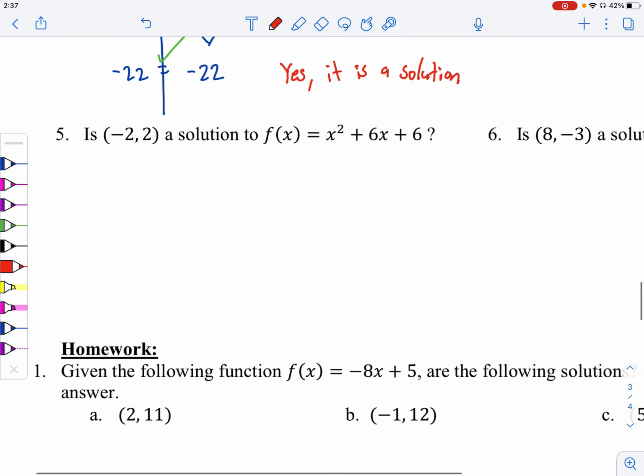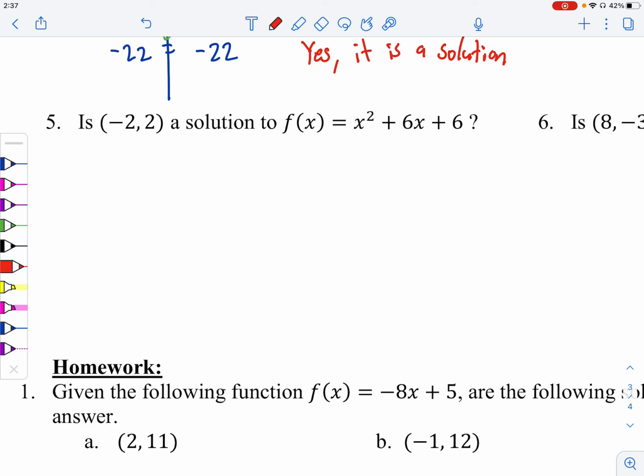Okay, so number 5. Is (-2, 2) a solution? So f of x equals this long thing. Let's rewrite that. So f of x equals x squared plus 6x plus 6. Remember, we're going to replace f of x with y, so we just put that in there.